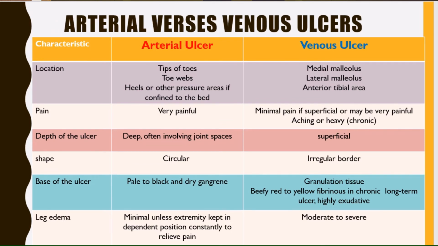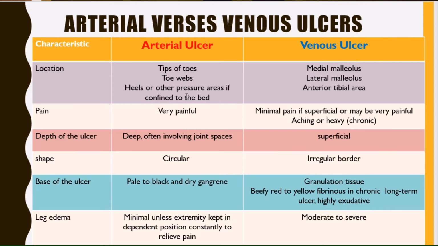Comparing venous and arterial ulcers, characteristics of arterial ulcer and the venous ulcer. Please review this chart. It's very important how you can differentiate whether it is arterial or venous ulcer. Look at the location. If you see it on the tip of the toes or toe webs, heels, or other pressure areas, when patient is confined to bed, it may be on the pressure area like the heel, or it could be the scapula or wherever it is.